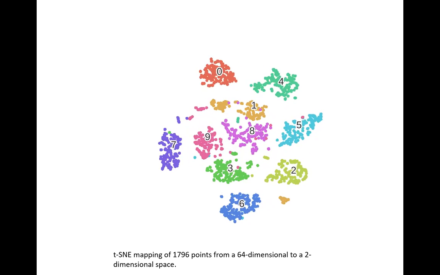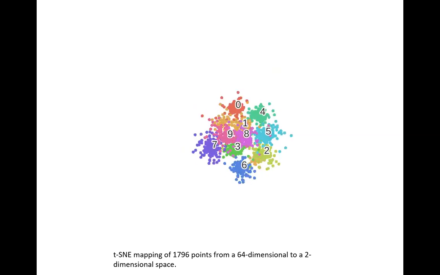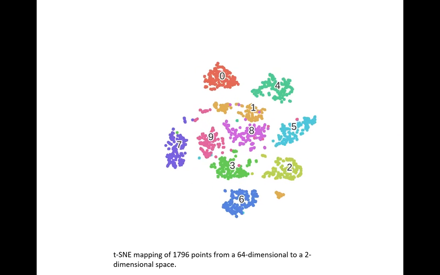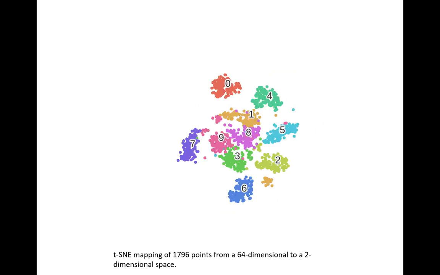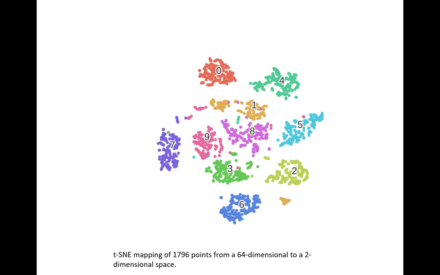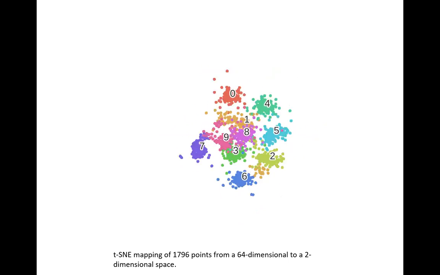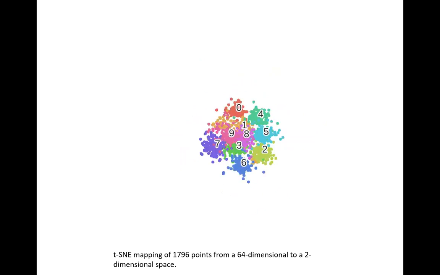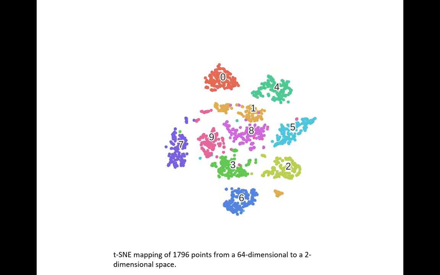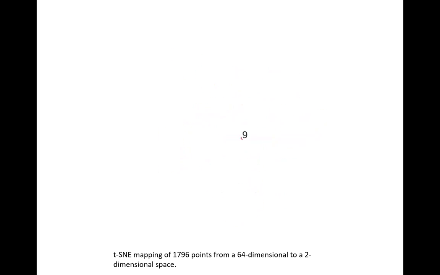At the same time, we are able to move digits representing different numbers away from each other so that each collection of points representing a particular digit is lying together more or less. So this is what the t-SNE method can do for you.